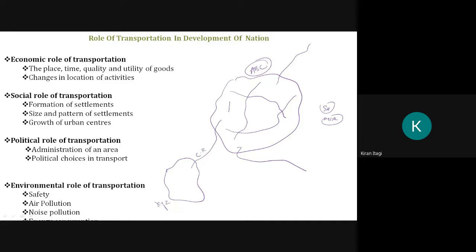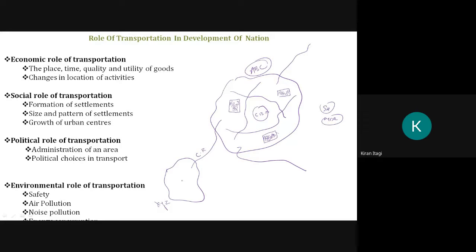So what happens is the people start gathering or settling in this city. Because of good roads and good business with respect to transportation, people start migrating towards this city, and it becomes the central business hub.